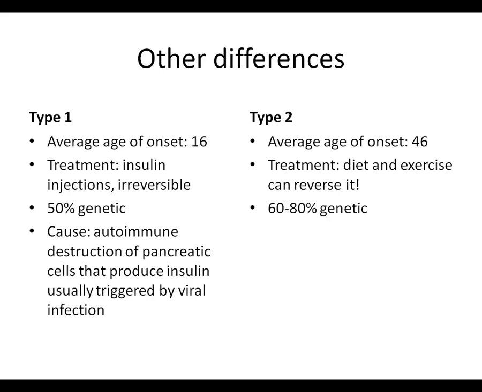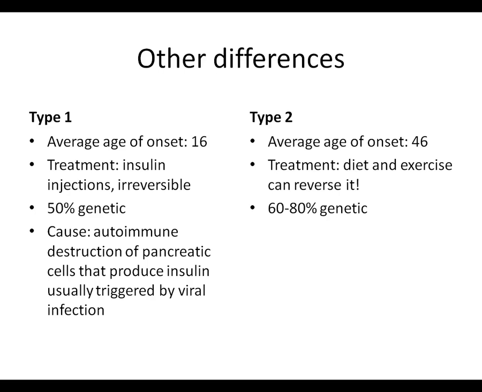Okay. A key difference is where this diabetes comes from. It's thought that type 1 diabetes comes from the fact that when you're young, your immune system is developing. Over time, as you become infected with various viruses and get exposed to antigens, your T cells learn what is foreign and what is you.